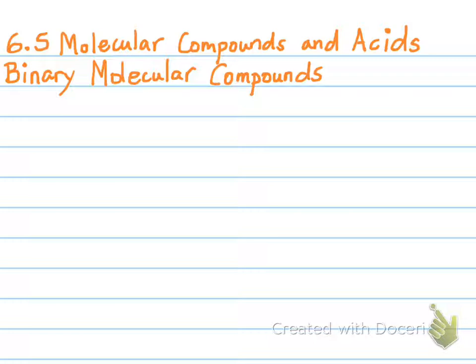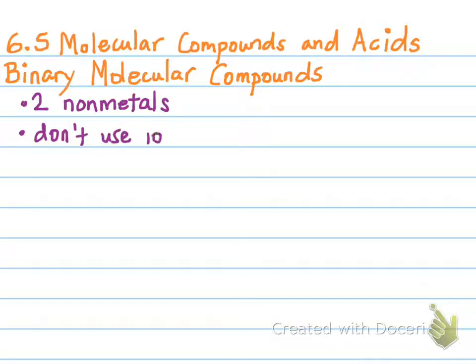So remember, when we're talking about molecular compounds, our question always is, how do we know it's a molecular compound? We're going to know it's a molecular compound because the compound is going to be made of two nonmetals. Remember, our nonmetals are to the right and above our heavy stair-step line on our periodic table. Because these are molecular compounds, there are no ions involved, so we don't use ionic charges.